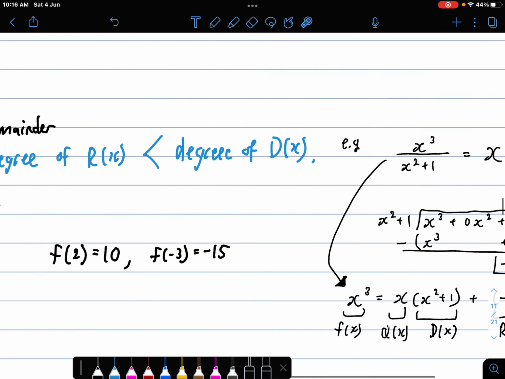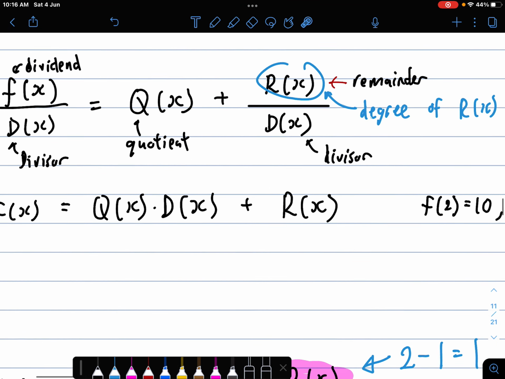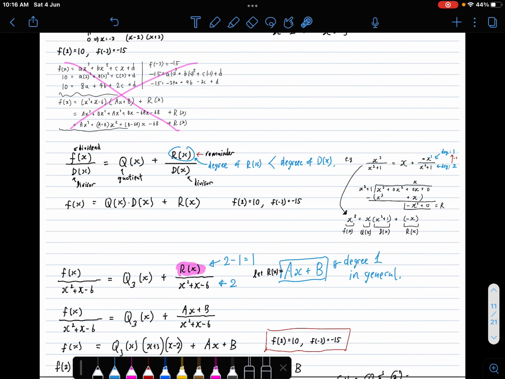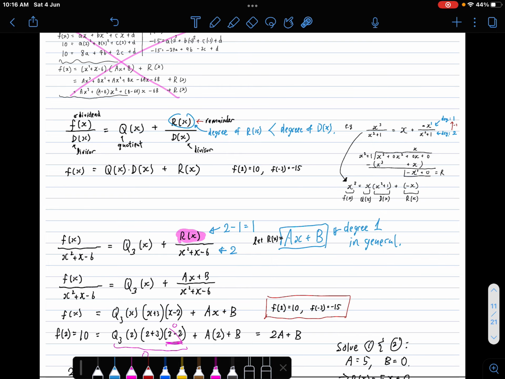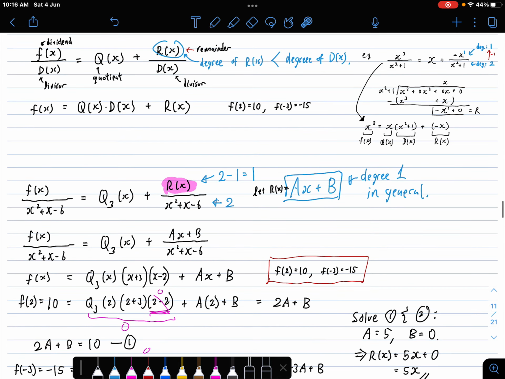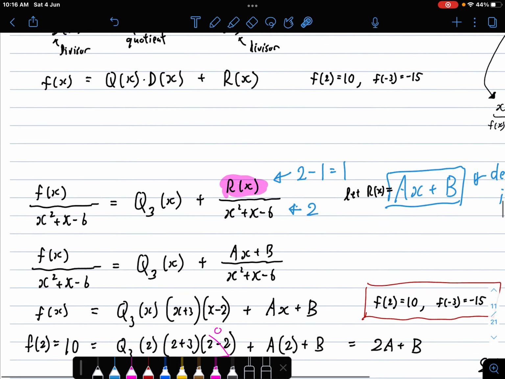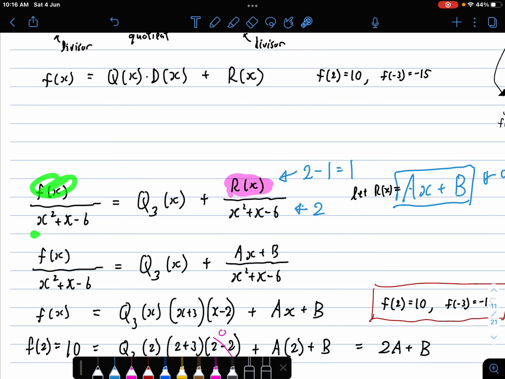Zooming out, what did the question actually ask? They asked you to find the remainder when f of x is divided by x squared plus x minus 6.